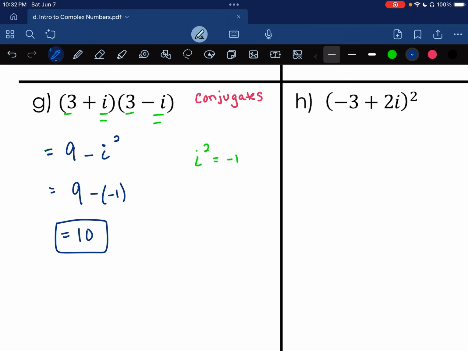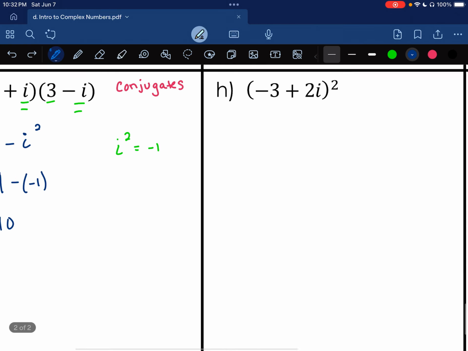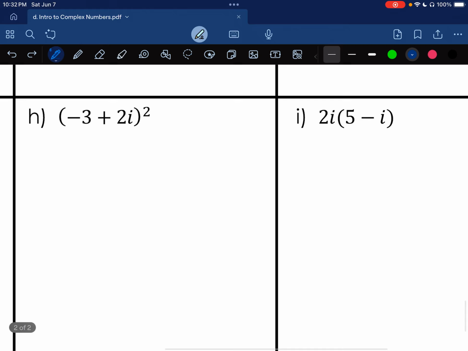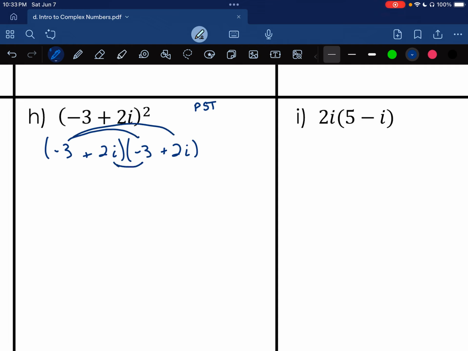Pretty cool, huh? All right, so here you could think about how this is a perfect square trinomial, right? So we know how it'll expand, but if it helps you, because you're just still thinking about the ugliness and newness of the fact that these are complex numbers with imaginary parts, you can rewrite it as being multiplied by itself and FOIL. So I'm going to end up with 9, right?